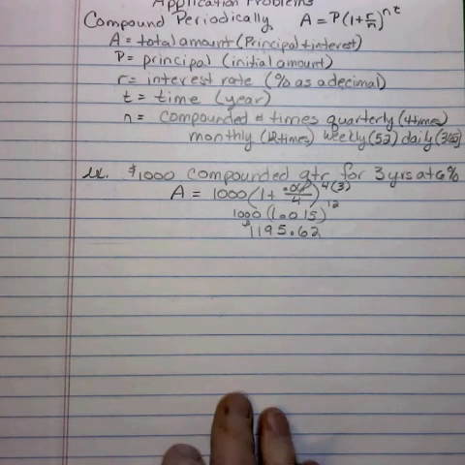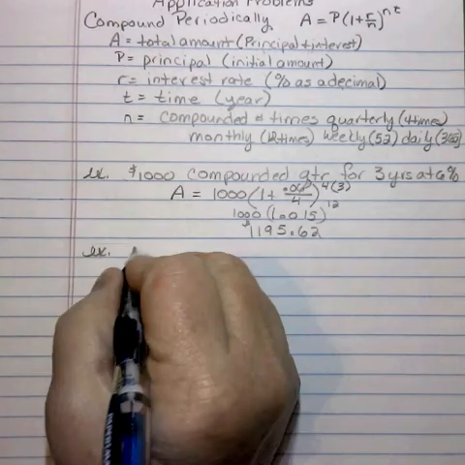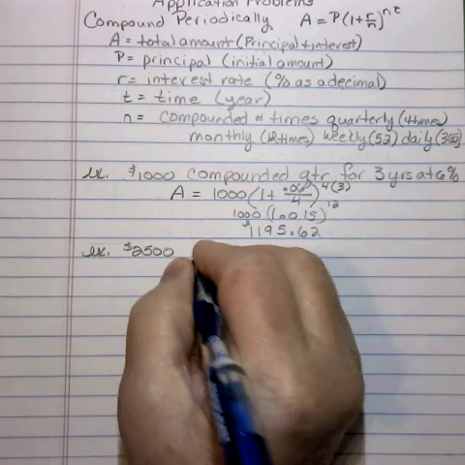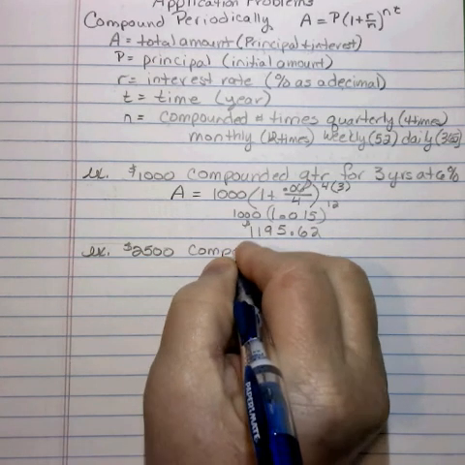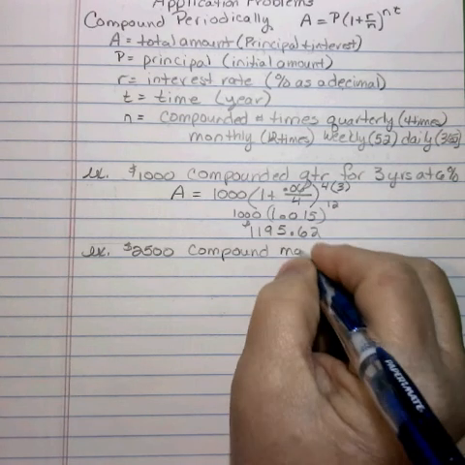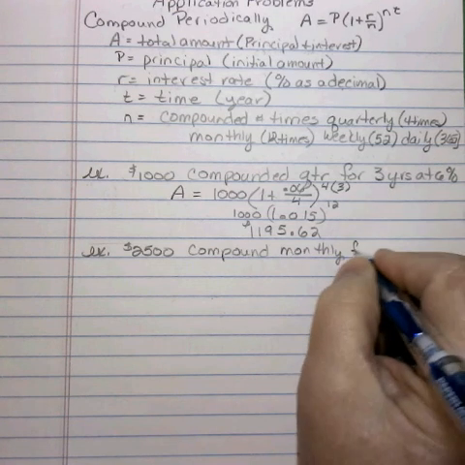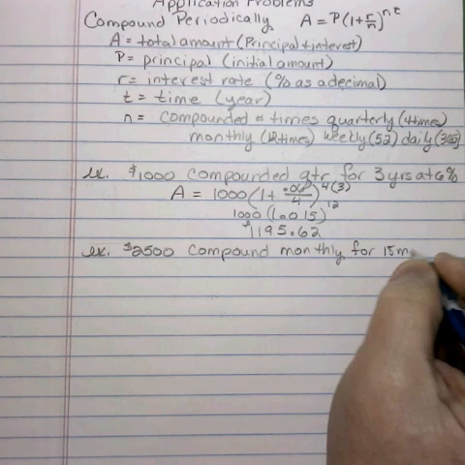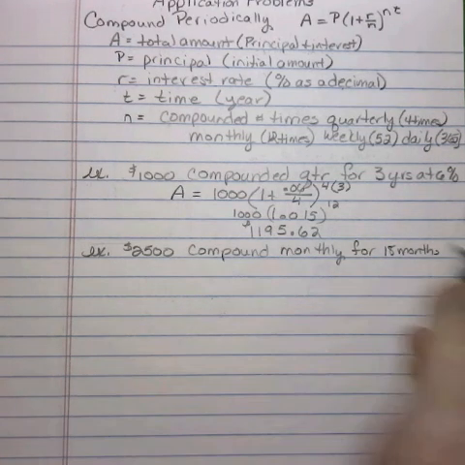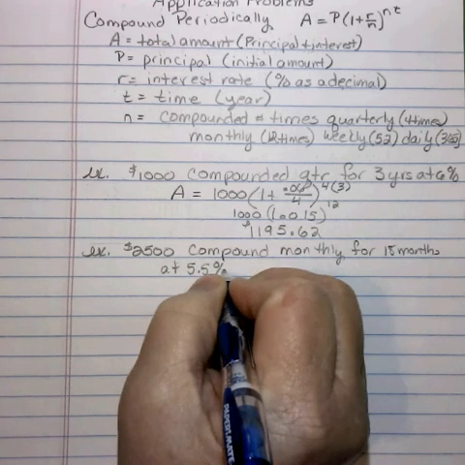Now let's do one more example. So I have $2,500 that I want to compound monthly for 18 months at 5.5% interest.